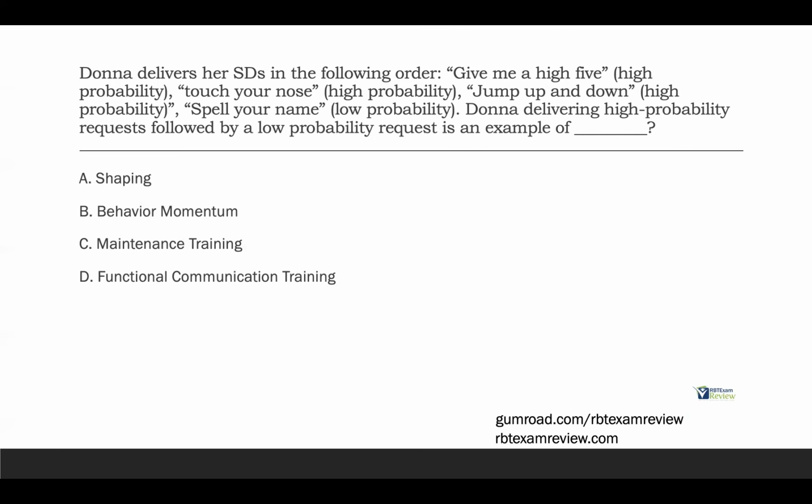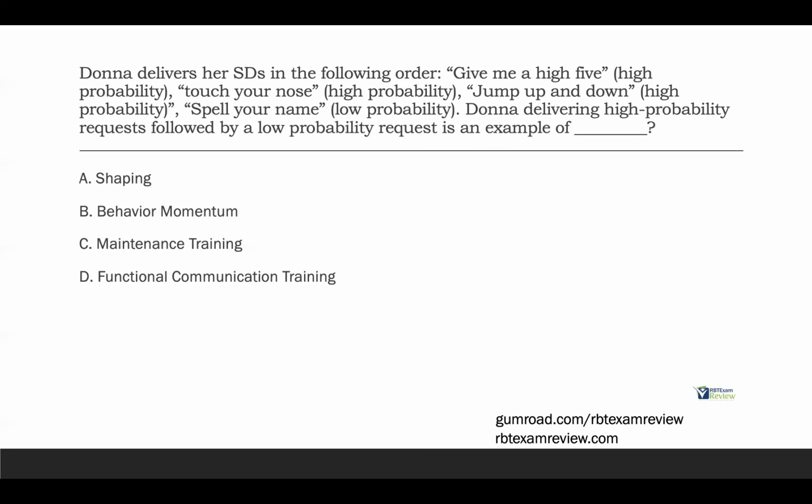We're giving our client small, easy requests, building up that behavior momentum, and then bam, introducing the low probability request once we have the momentum built up. So the idea behind the high probability request sequence is to gain momentum so we can evoke the low probability behavior.